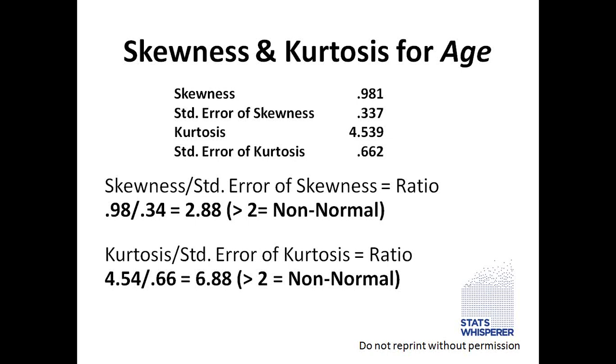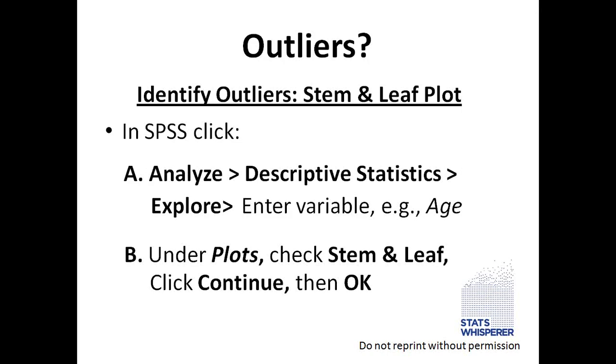So what do we do if we have a non-normal distribution? We say outliers, right? We take a look, and we want to see if there are any outliers that are making the distribution non-normal. Right?